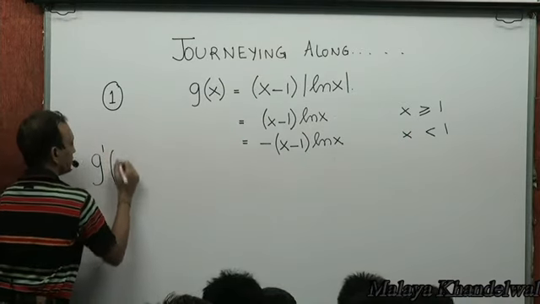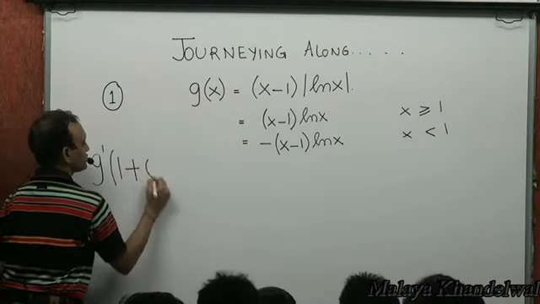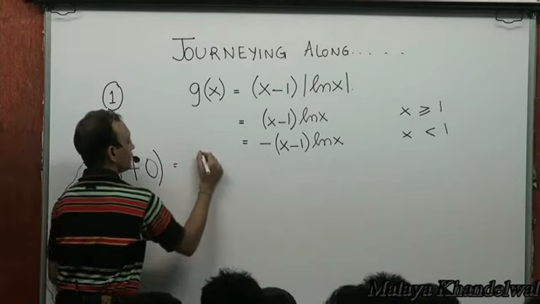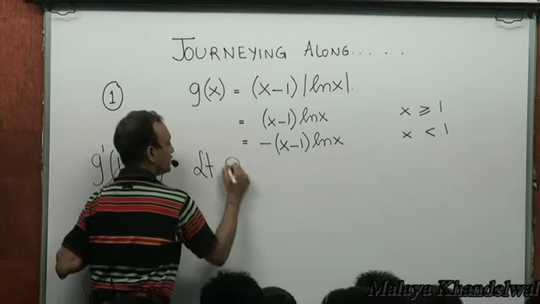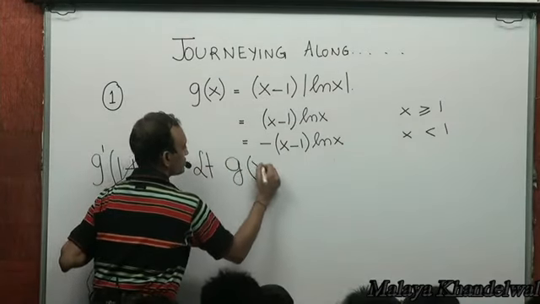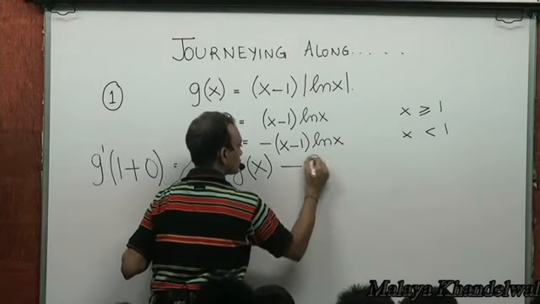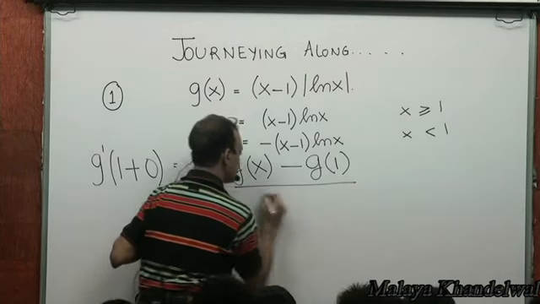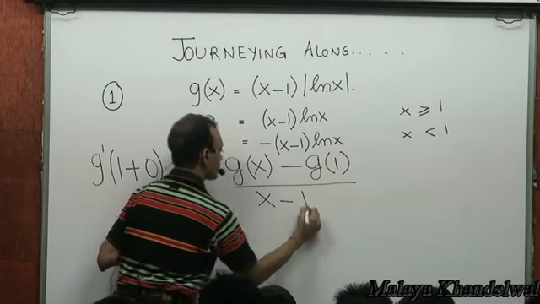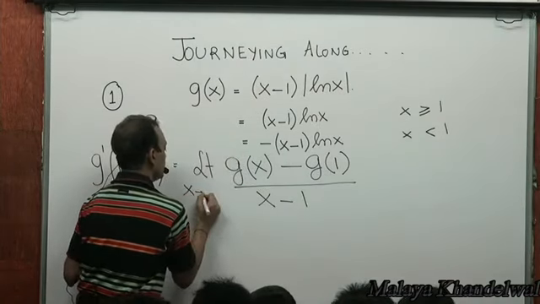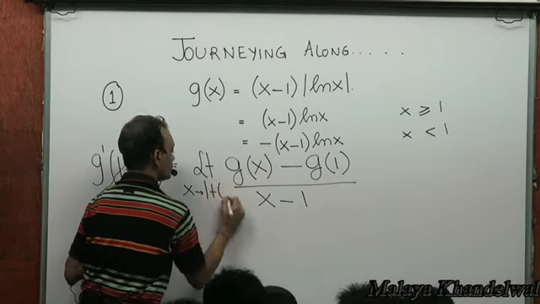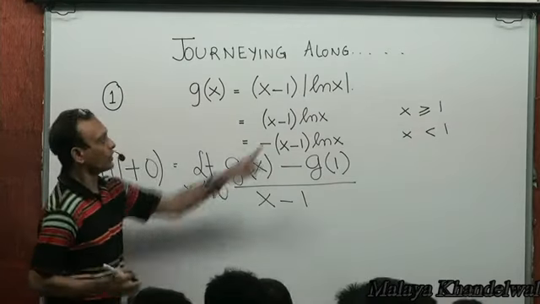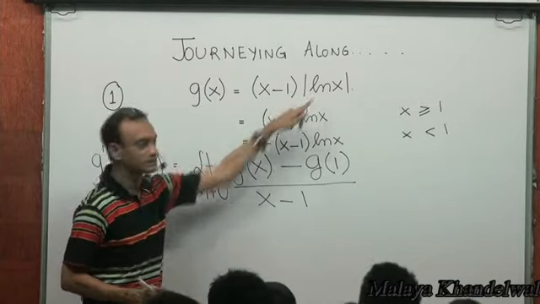Right hand derivative at x equal to 1, g dashed 1 plus, is limit of (g(x) minus g(1)) by (x minus 1) as x tends to 1 from the greater than 1 side. What is g(1)? g(1) is 0 anyways, right?